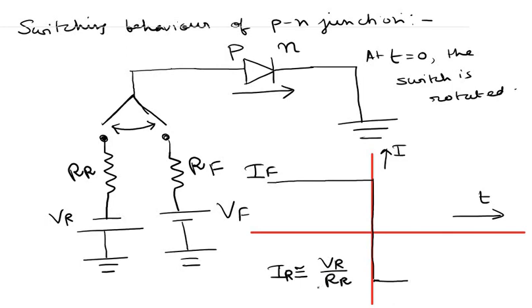Okay, and this negative current is actually necessary to remove all these excess minority carriers accumulated at the junction during the forward bias state and to gradually change the depletion width.